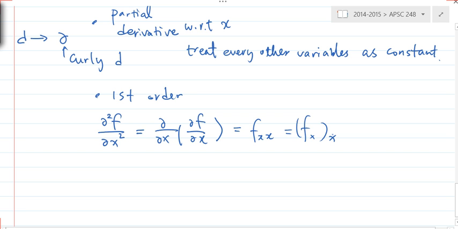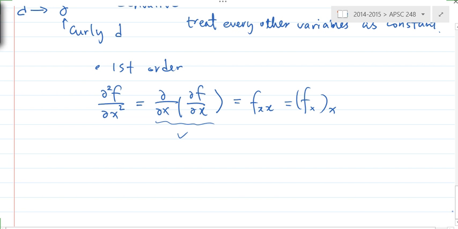What I would suggest at this stage is to pay attention to the order in which you take partial derivatives. Second order basically means take this partial derivative first, and then take a partial derivative with respect to x of the result.